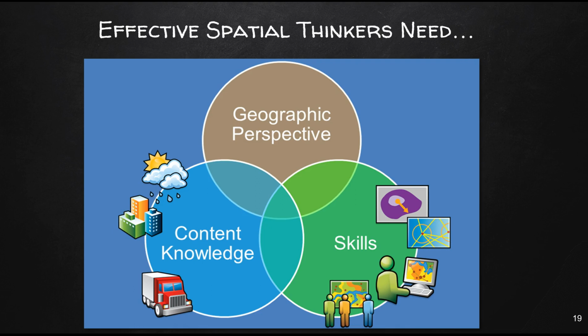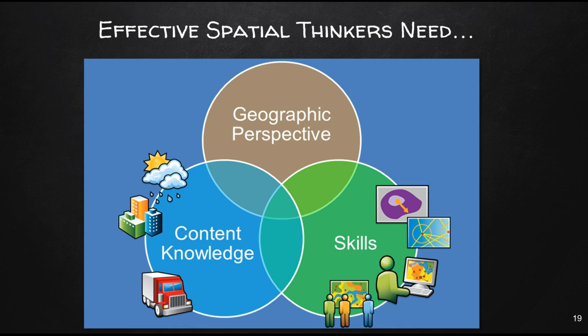So there's lots of different things that we're going to be needing in our skills and our tool set. Increasingly, the skills required include geospatial technologies such as GIS, GPS, and remote sensing, as well as mathematics, computer science, and also personal competencies such as being organized and ethical. So lots of skills are required to be a spatial thinker.